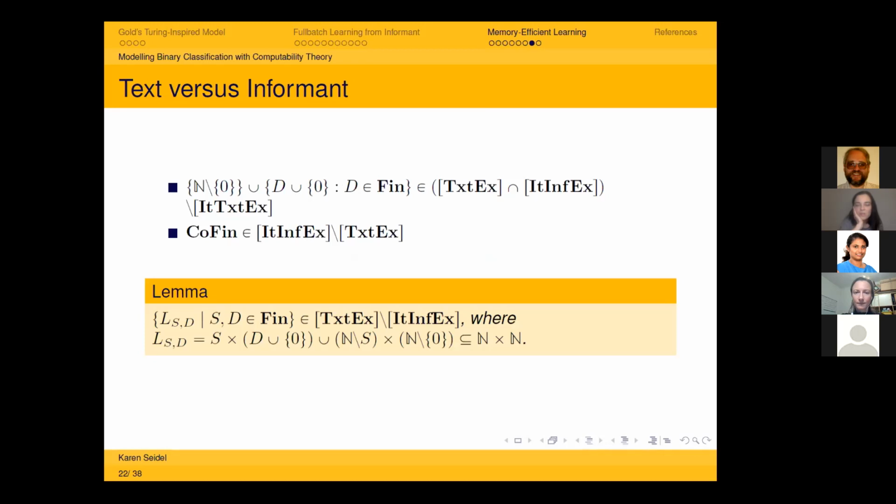You mentioned several times that you use this operator recursion thing as one of the main techniques to prove this kind of results for learning from Informant. What about learning from text? And also the other way around, are there any results that you get for free, that are transferred from learning from text to learning from Informant?